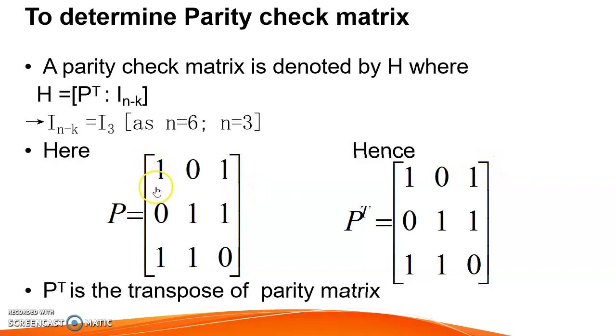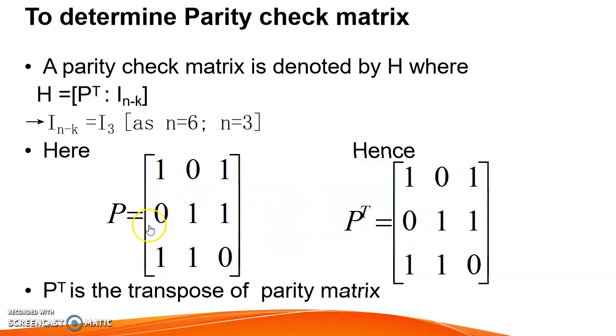Here 101 is present as a row and it is converted into a column. As both are the same numbers, you may be confused between these two matrices, but if you carefully notice the scheme, this 1 is converted here, this 0 is converted here, and this 1 is again converted here.